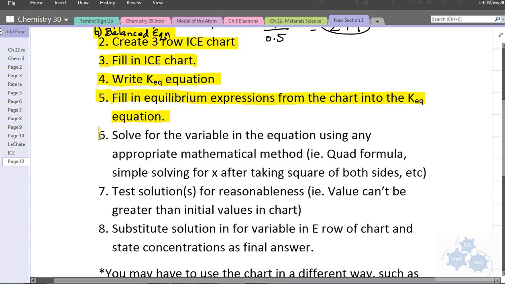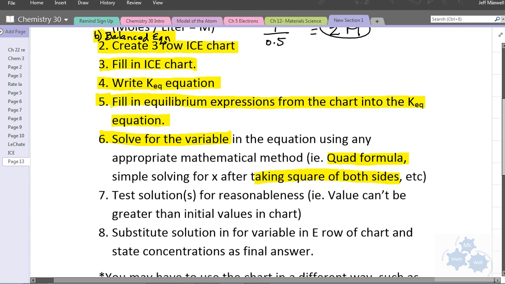Then step 6 was solving for the variable. So you have an expression with a variable. Solve for the variable. You may need to do just what we did, take the square root of both sides. You may get a trinomial, like a quadratic-looking expression, something x squared minus something x plus something. You can use the quadratic formula: x equals negative b plus or minus root b squared minus 4ac all over 2a. That one. And then simply solve for x.